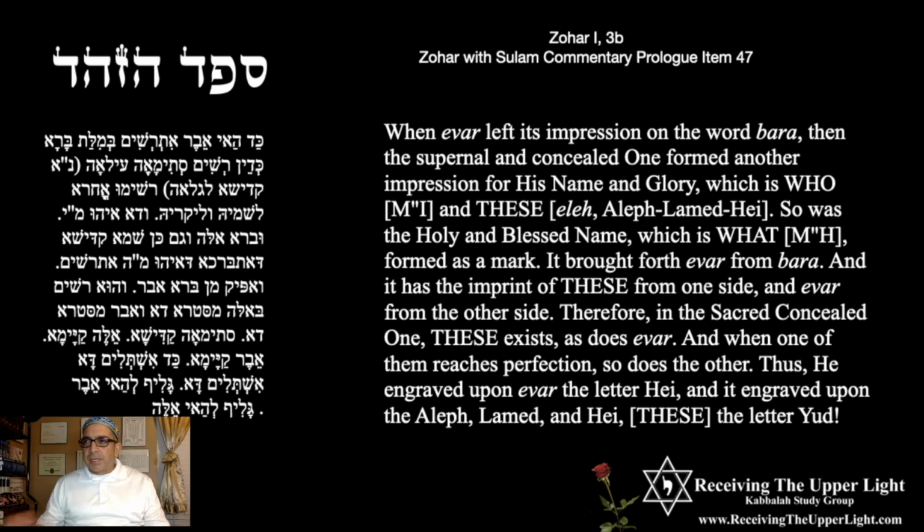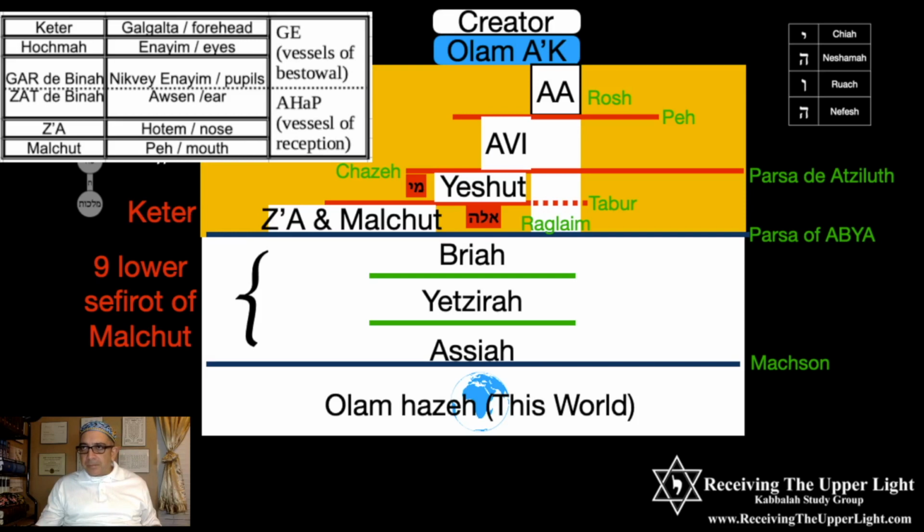Let me explain this one quickly here. What it's saying here, according to Baal HaSulam, is that the Sephira Yesod of Parsuf Zeir Anpin, which is in LA, right, there is an end, there's basically a limit.